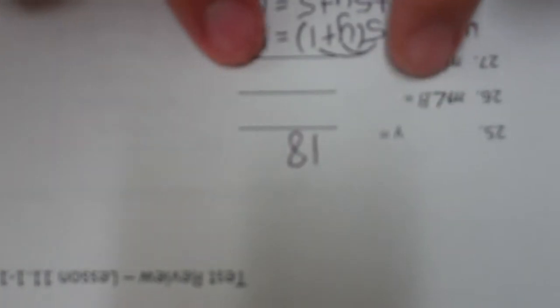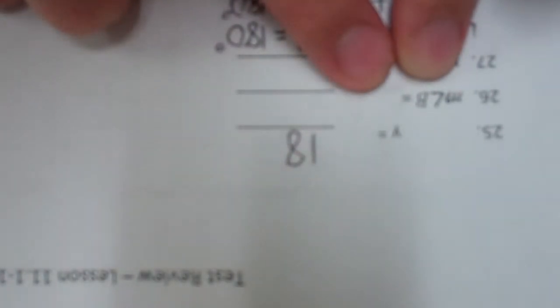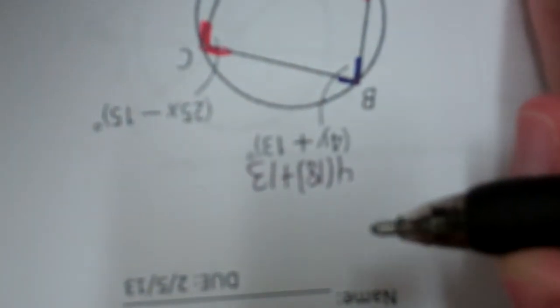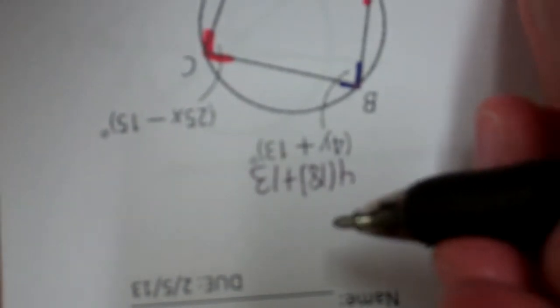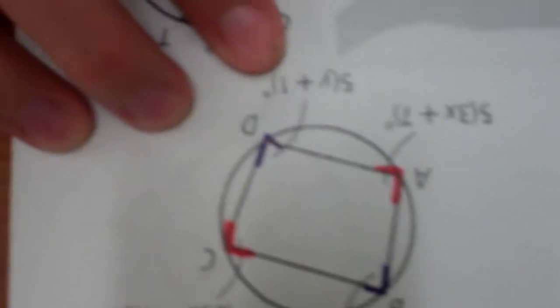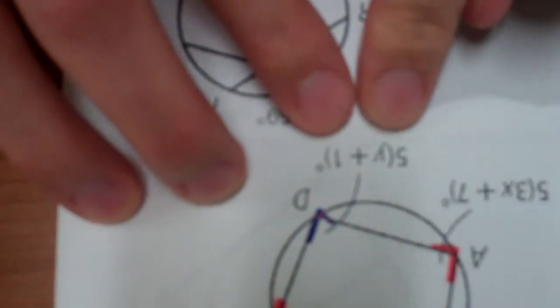So now they're asking for the measure of angle B. This is angle B, so I'm going to plug in 18 here. So 4 times 18 plus 13 is going to be 85 degrees. So angle B is 85 degrees. Now they're asking for angle D. I have two choices.